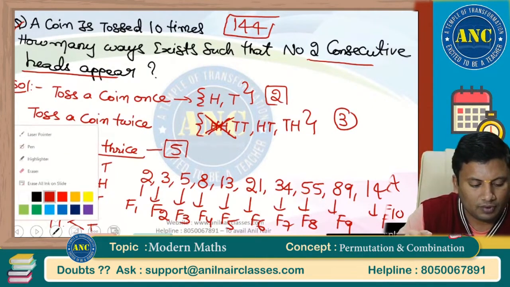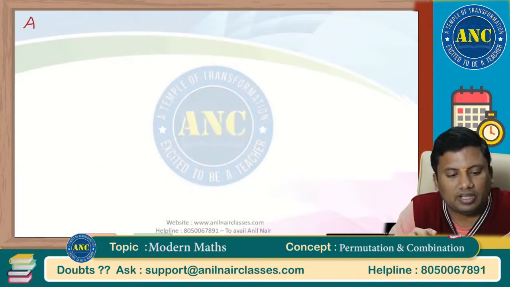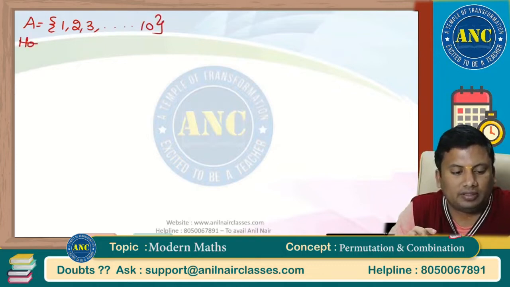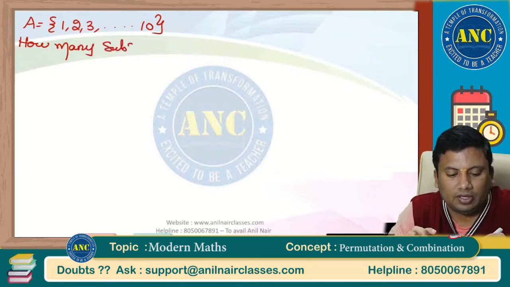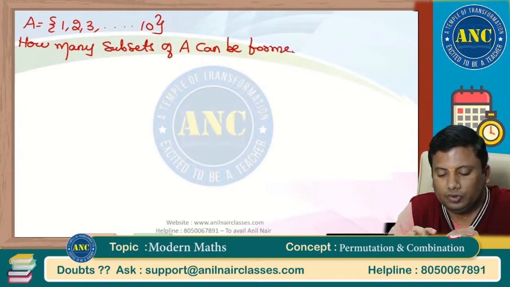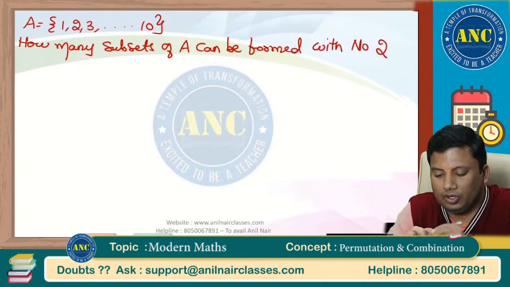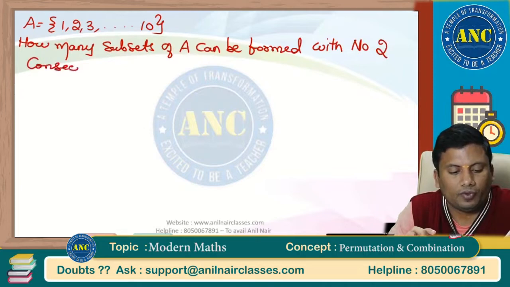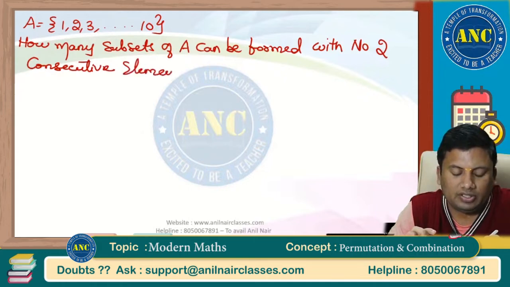Next. Suppose there is a set 1, 2, 3 and so on up to 10. How many subsets of A can be formed with no two consecutive elements in the subset?